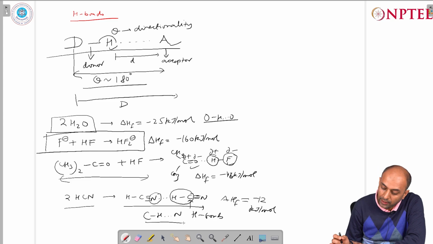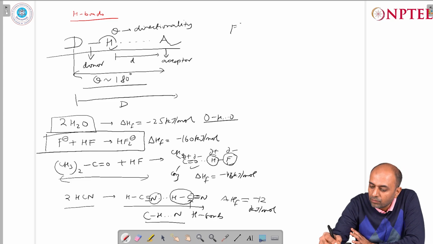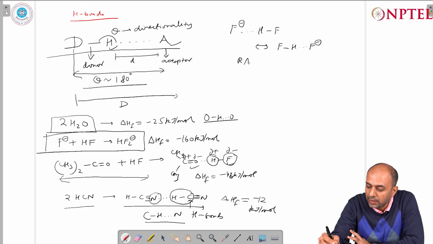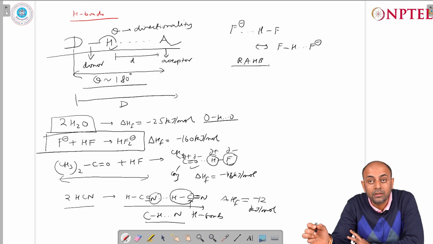So we can have extremely strong hydrogen bonds. For example, we can have F minus HF, and we can write the resonance canonical form of this, which we call a resonance assisted hydrogen bond, which we discussed in the last lecture. So there is a delocalization of the electron density from one fluorine atom to the other.